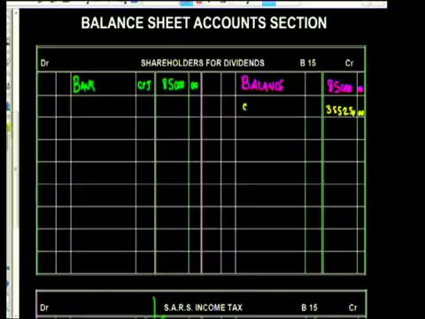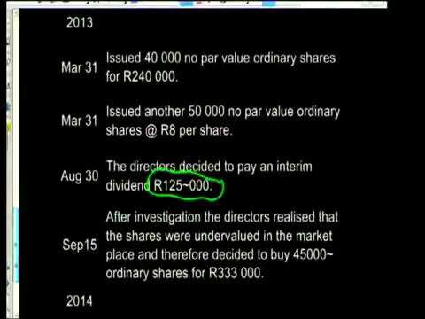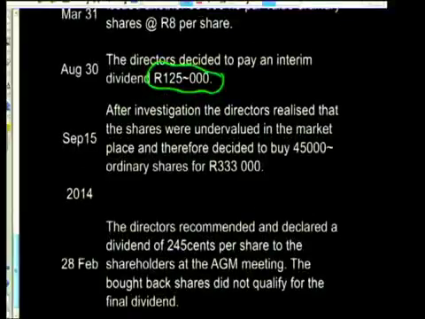What is this? Ordinary share dividends. Okay, so what have I done? I've now completed this entry in respect of my dividends. I've done my final dividend, and therefore I recorded the transaction.